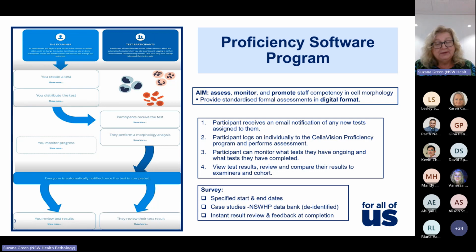The individual participant got an email notification saying that a test was ready for them. They would log on individually to this Celavision proficiency software program and see which test was ongoing, and which test they had already completed as well. They could view their test there, their results. They could compare it to their cohort or to their examiners.